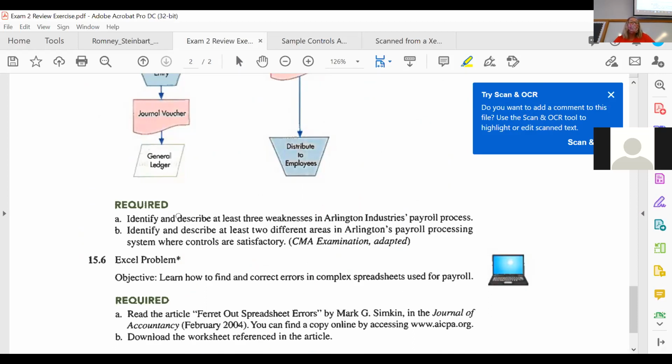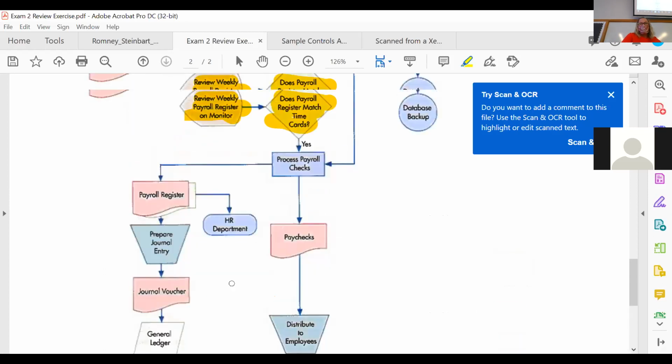But I'm going to give you a set number of controls to identify, so you're not racking your brain in a limited time period to find all of them like a scavenger hunt. So again, I'll have you identify and describe the internal controls in this process.